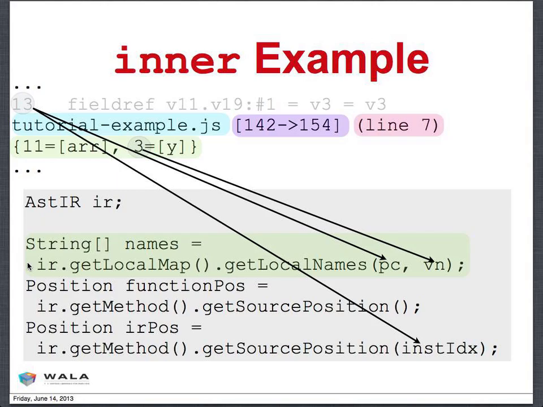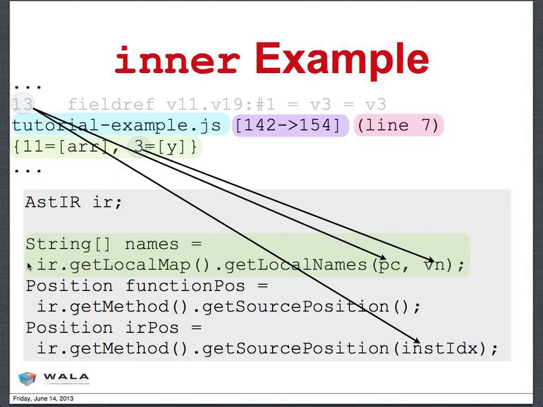Now, the way this is computed when we dump the IR is the following. If you have an IR, we have a couple of things you can ask. You can get the local map, and this is where SSA is recording the source names that correspond to SSA value numbers. Basically, you say get local names. You give it a program counter, which is your offset in the instruction array, and a value number, which is the value you care about. For example, in this case, 3.